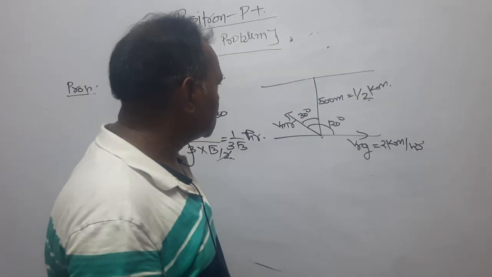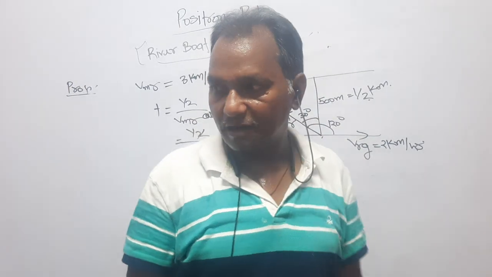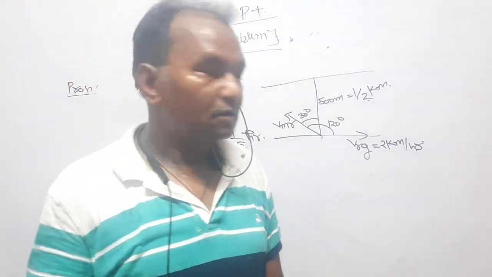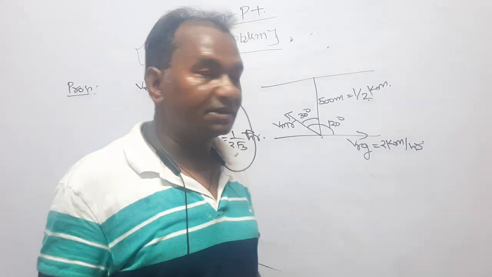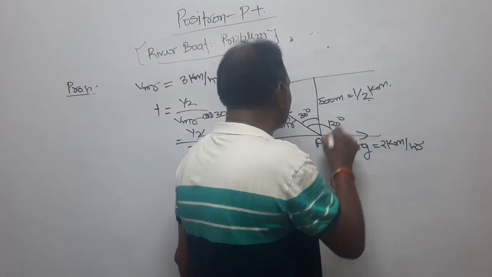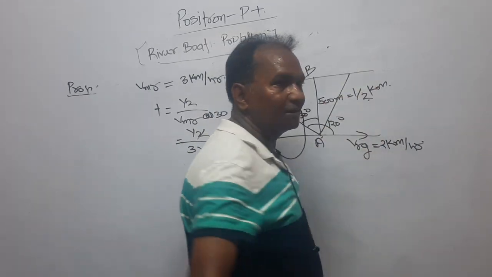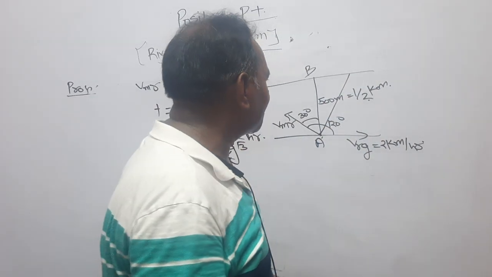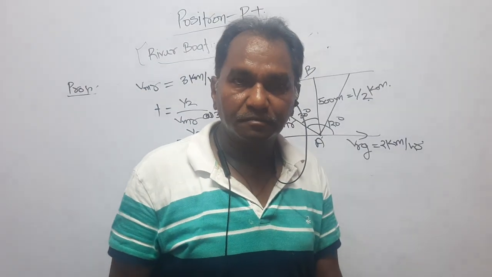Now he says, how much horizontal distance he covers. This time the question is different. It is not saying that he reaches from A to B, right? Let him reach somewhere here. Dear student, one thing is very important. The man begins to swim.